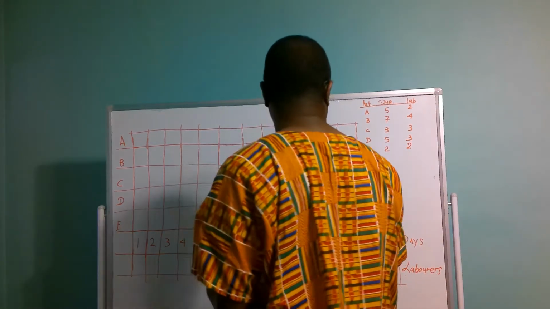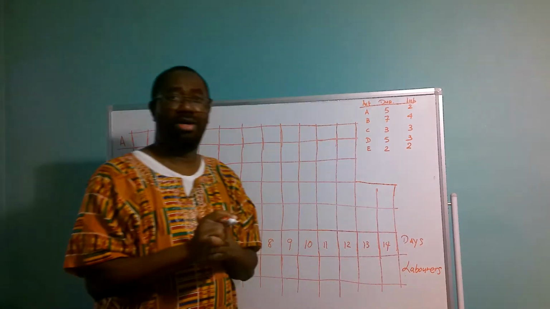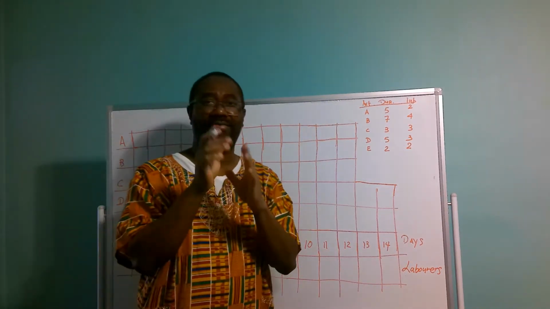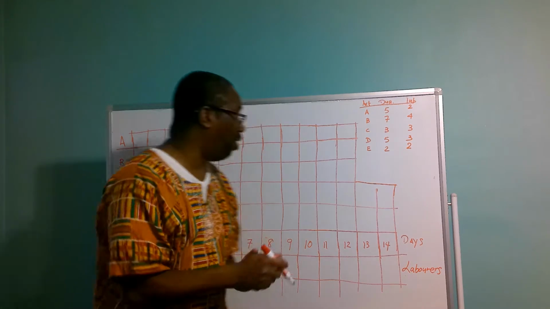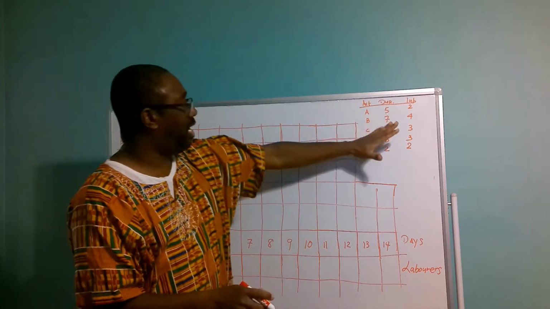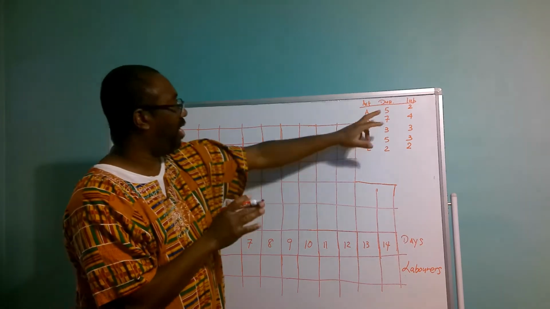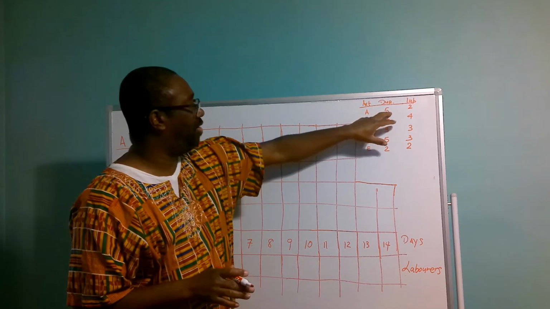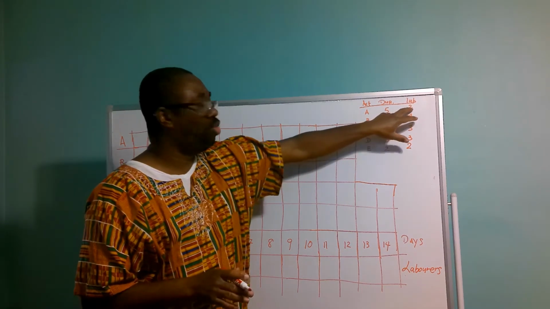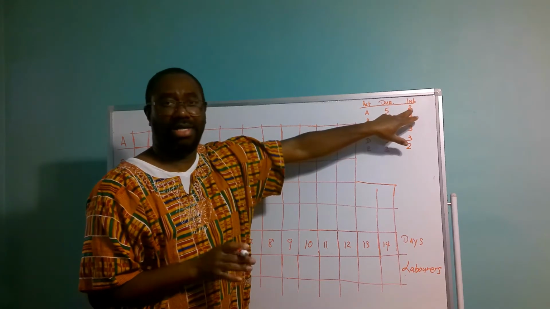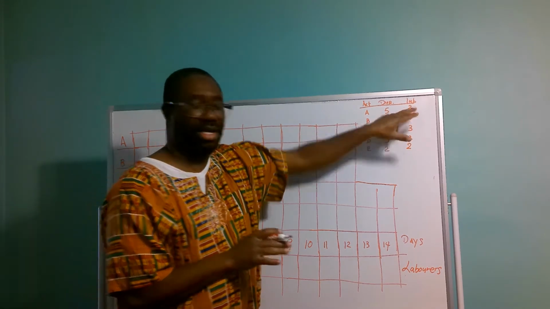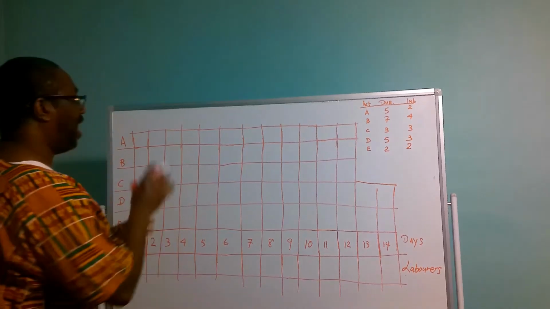So remember the charts that I have given to you, we are going to start with activity A, and we did say that activity A has a duration of 5 days with 2 laborers allocated to complete activity A. So it's 5 days.